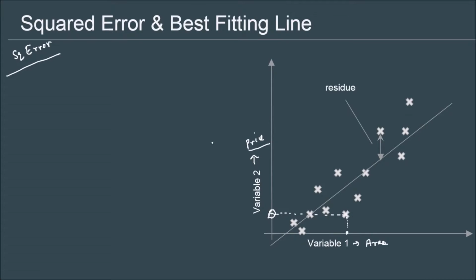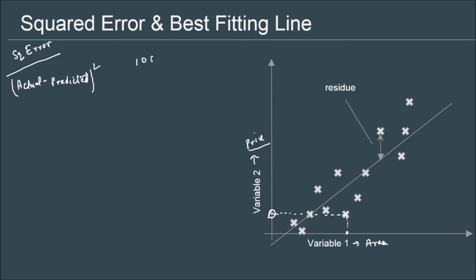So, we'll have errors. Now, one way to measure error, as dictated by the squared errors concept, is I take my predicted value and I subtract it from my actual value and then I square it.